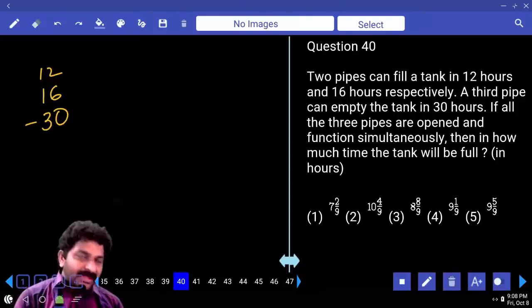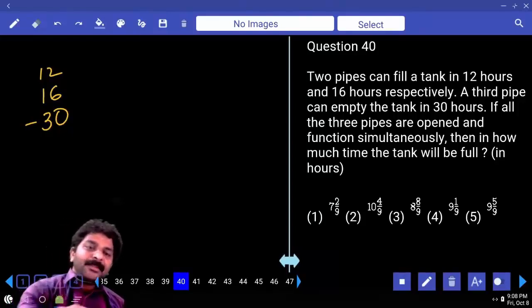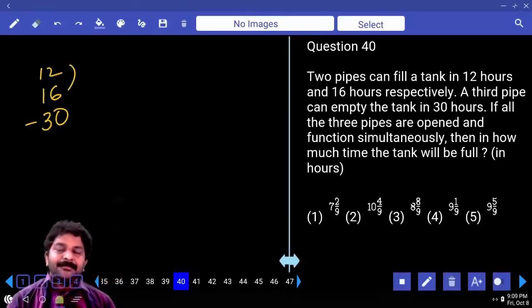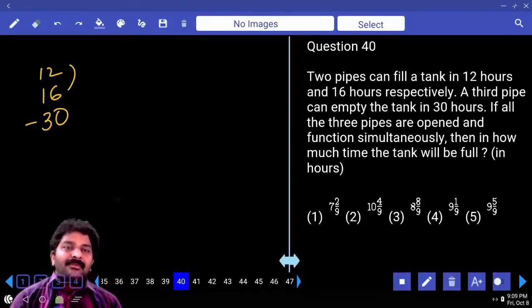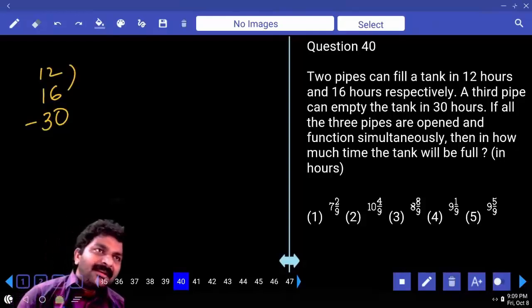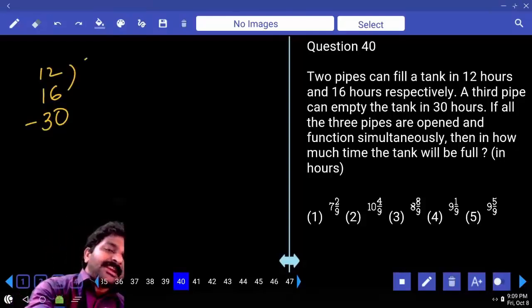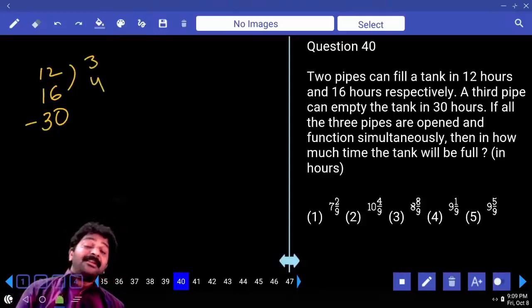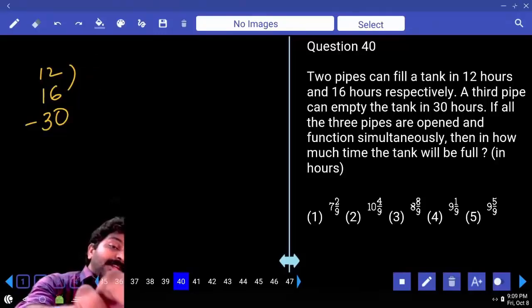Yes. So we have to calculate the LCM here. The LCM of 12 and 16. We can take 4 common. Can we take 4 common? 4 3 times, 4 4 times. 3 into 4, 12 into 4, 48.